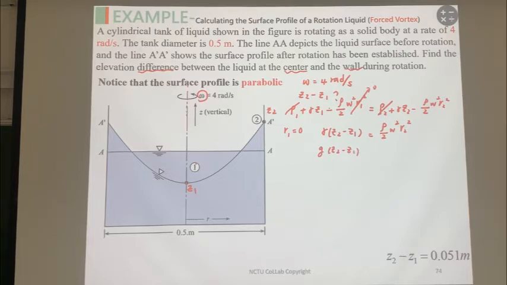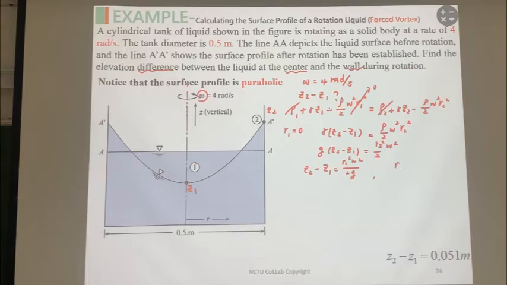Z2 minus Z1, and the rho on the right hand side cancels out. So we only have 2 over gamma, R2 square and gamma square. And then Z2 minus Z1 is equal to omega squared R2 squared over 2g.